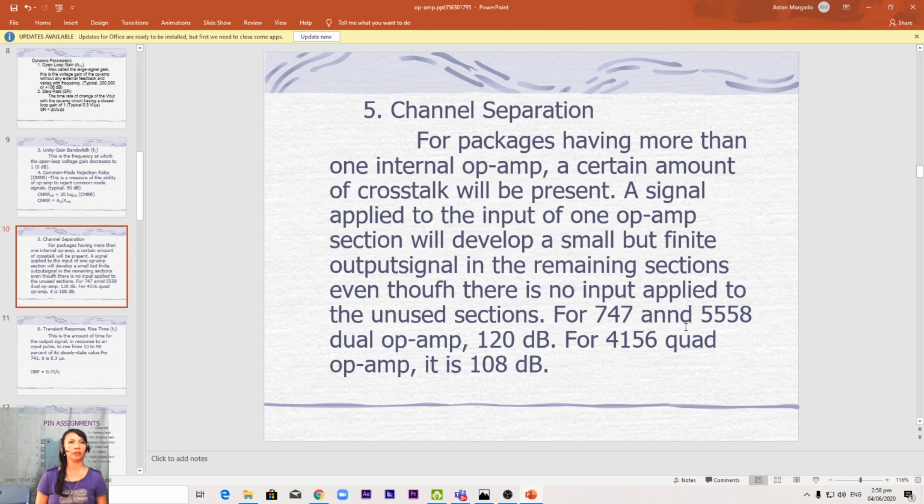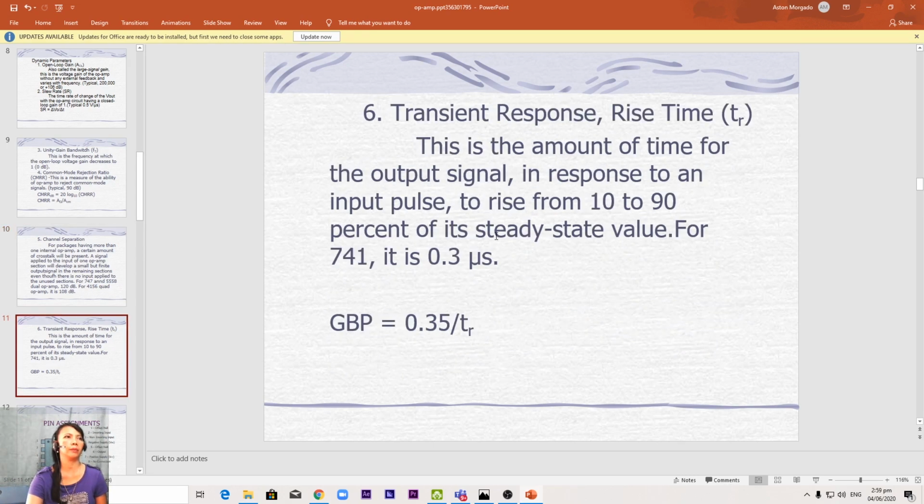For the 747 and 5558 dual op amps, meaning you have two op amps in there, the channel separation is 120 dB. For the 4156 quad op amp, meaning you have 4 op amps in there, you have 108 dB. But for the 741 op amp, we only have one op amp in an IC.